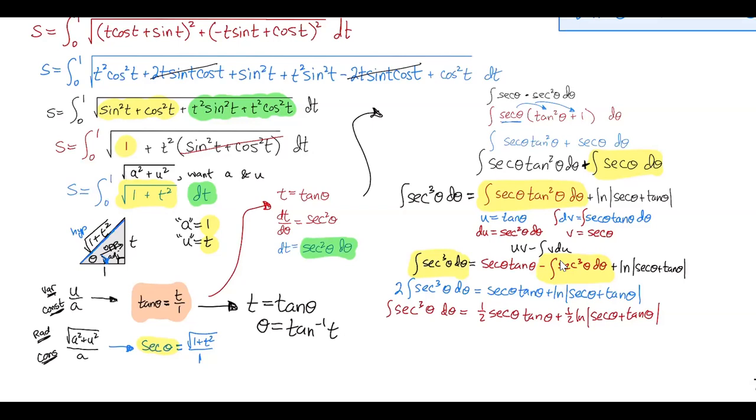So the question that I would ask myself if I were you is, am I going to swap out this guy, this guy, this guy, and this guy with inverse tangent of t, and then replace all of that stuff with zeros and ones for the simpler boundaries of integration?